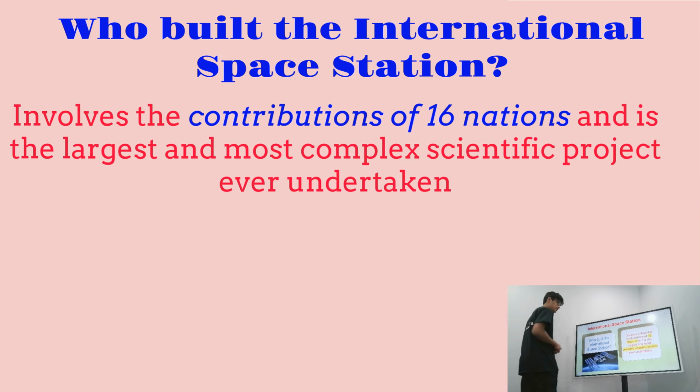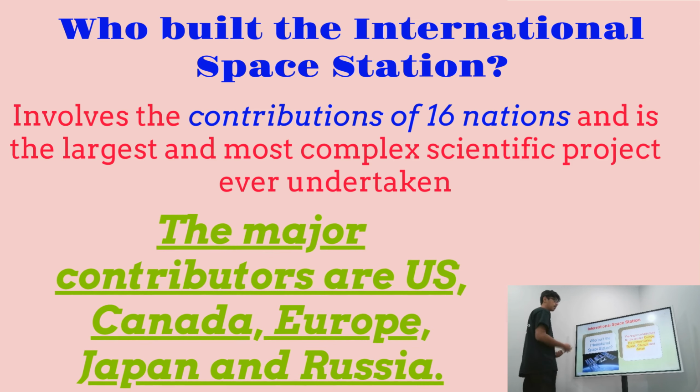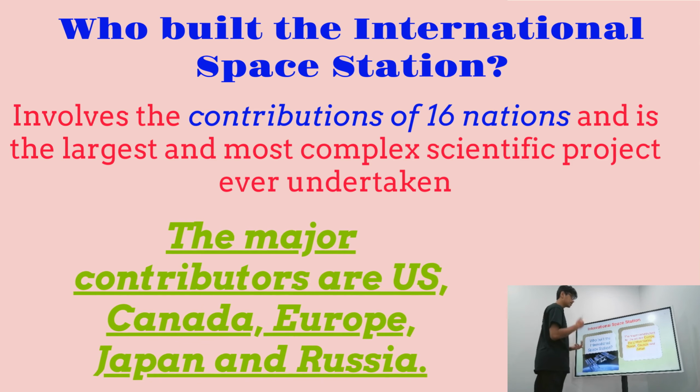So that's a little bit of knowledge of who built it. The major contributors to the ISS are Europe, the United States, Russia, Canada, and Japan. So that's who built the International Space Station.